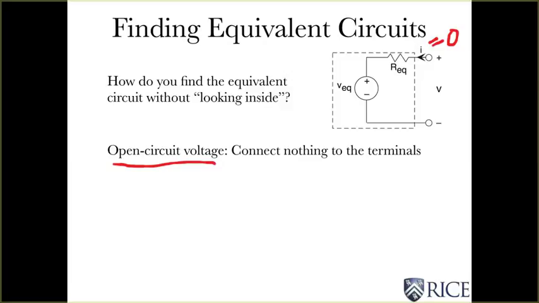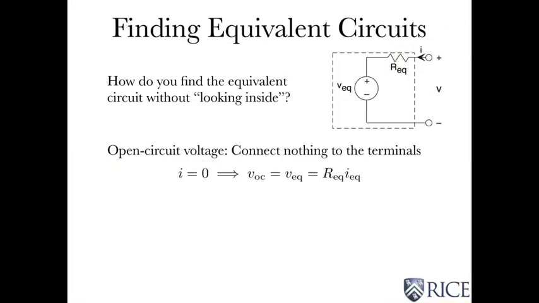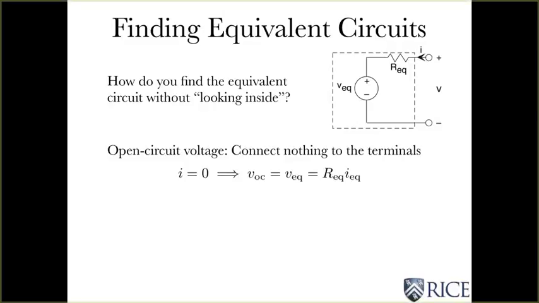If you look at this equivalent circuit and set that current to 0, there's no voltage drop across that resistor, so V is just equal to VEQ. So if you do that for a real circuit, you just open circuit the terminals, don't attach anything, and measure the voltage. That voltage that you measure is the Thevenin equivalent voltage.